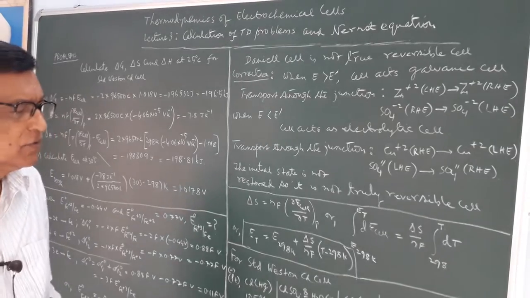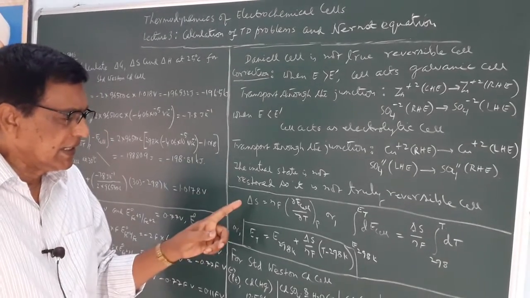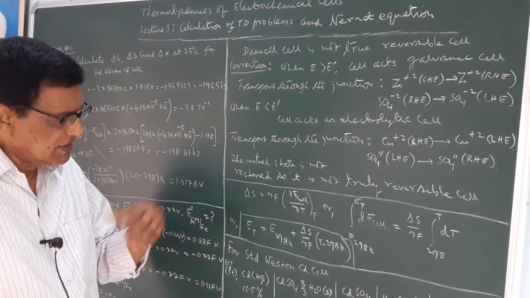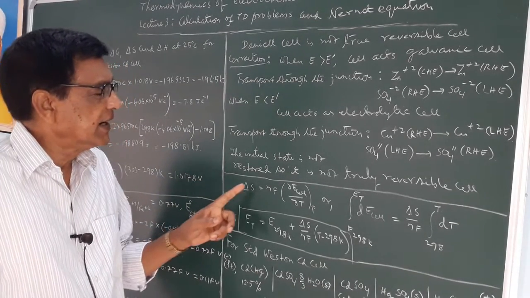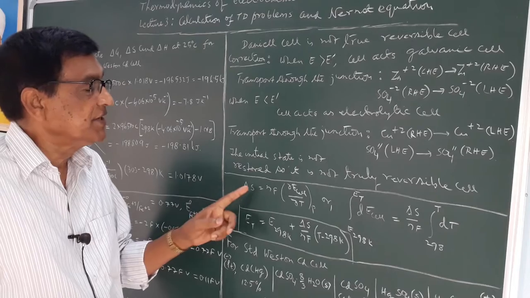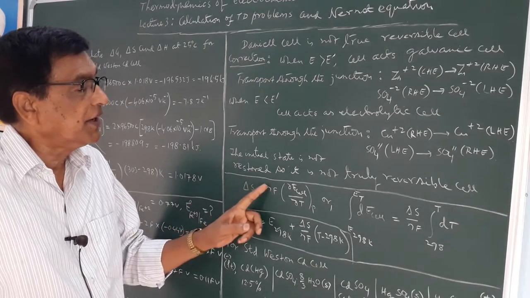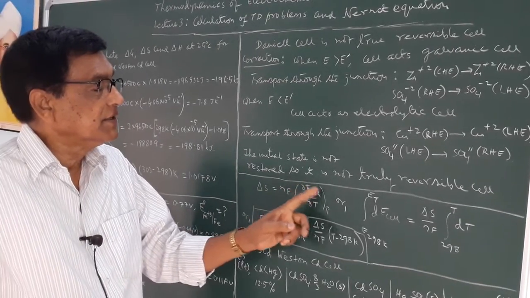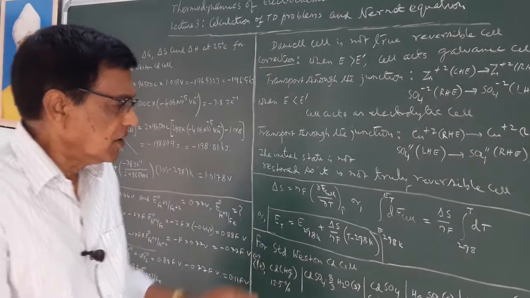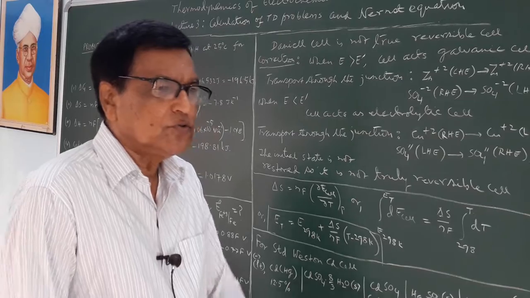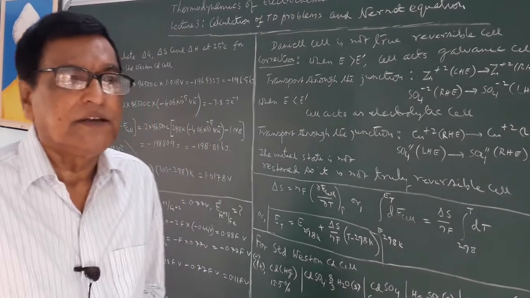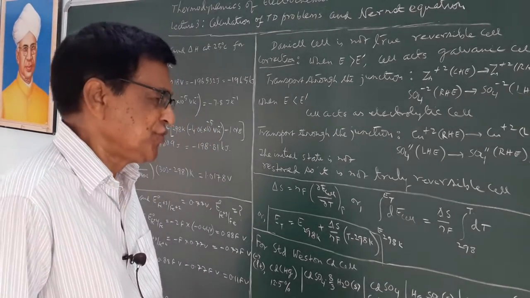Next, I would like to mention also that last class I already deduced that the entropy change of this cell reaction is equal to nF d E cell by d T. The discussion I am going to do now is the temperature effect on this cell potential.